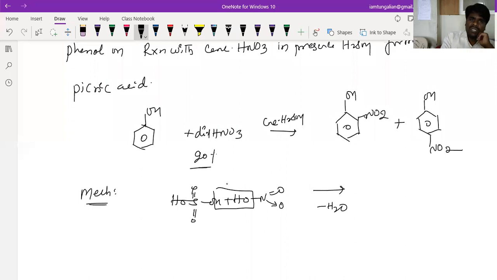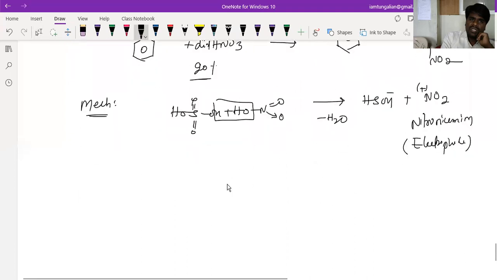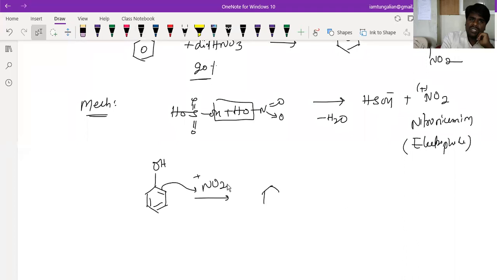Due to the elimination of water, it forms HSO4 minus and NO2 plus. This is your nitronium ion, the electrophile. So this electrophile will attack either at the ortho position or at the para position. Ortho position, something like this.